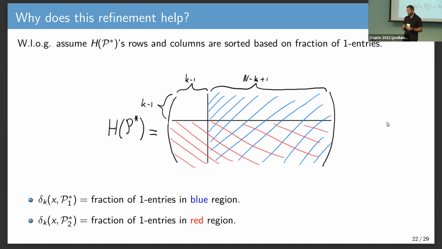And exactly the same holds for P2 star, but with respect to the rows. So the delta_K of P2 star equals the fraction of one entries in the red part of this matrix.